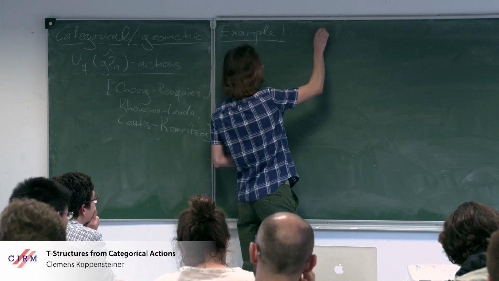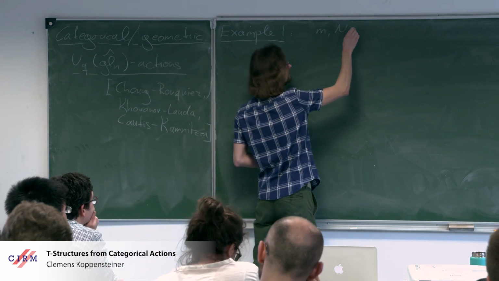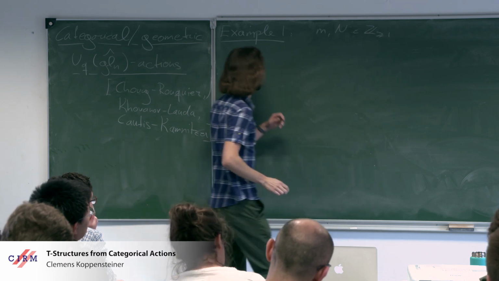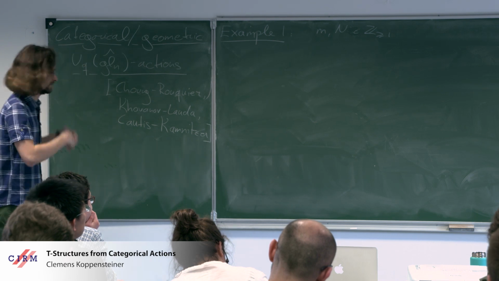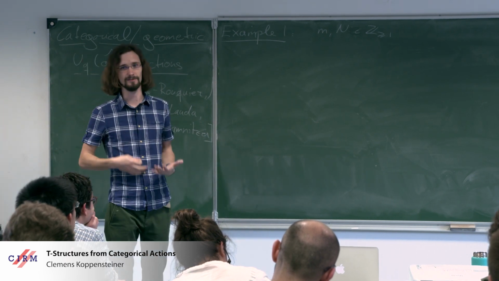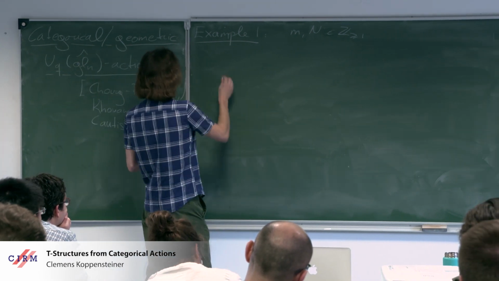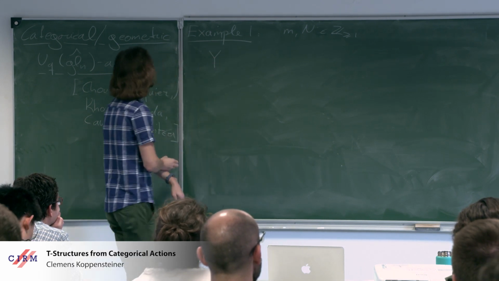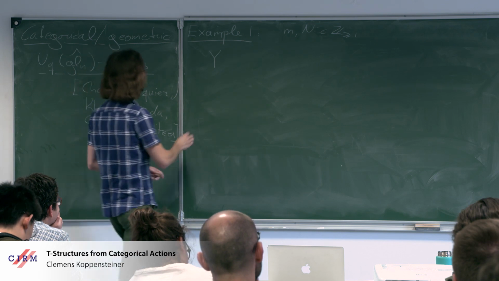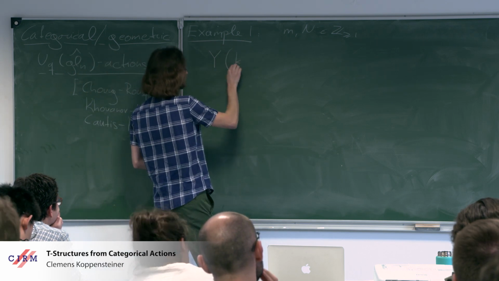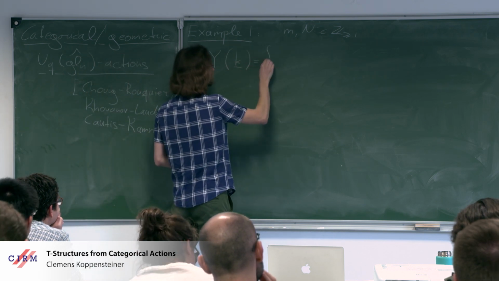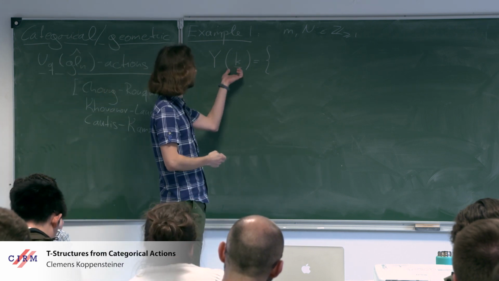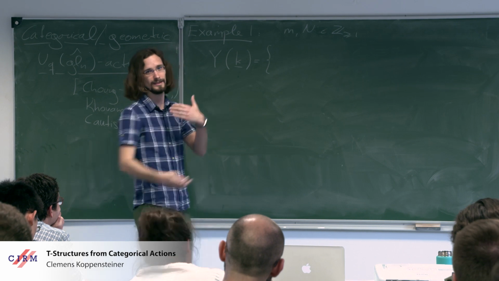I need to fix some numbers m and n, positive integers. So the categories should be derived categories of some spaces, so I need to give you some spaces. And sort of the example that we mostly looked at is spaces Y of k, which are given by a flag with jumping, with dimension jumps indexed by k.